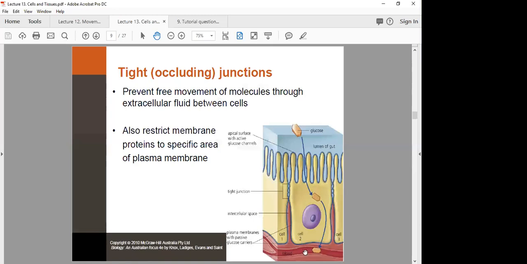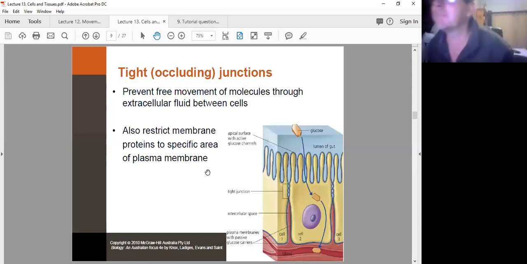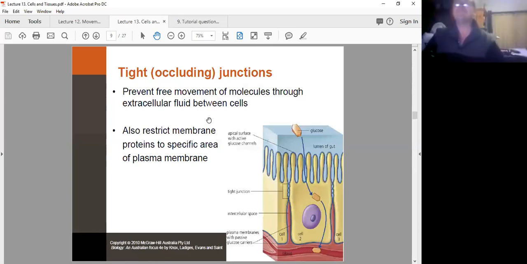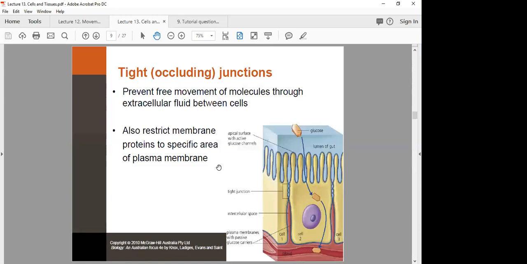No. I can see the glucose carriers, but nothing further down. Everyone else can see it. It could be that Andrew's monitor is a bit smaller or his resolution is a bit lower. I haven't had that problem before. That's better anyway, thanks. Sorry, Andrew, that I can't help you with that.